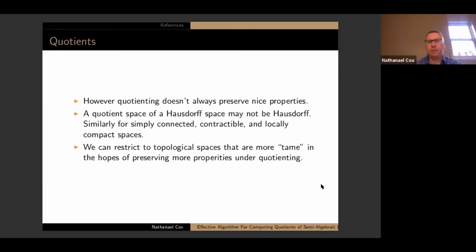We refer to them as tame because they have a lot of nice properties that are easier to deal with, in addition to preserving things under quotienting. They only have finitely many connected components, and in this restriction, the functions only have finitely many discontinuities and so on.